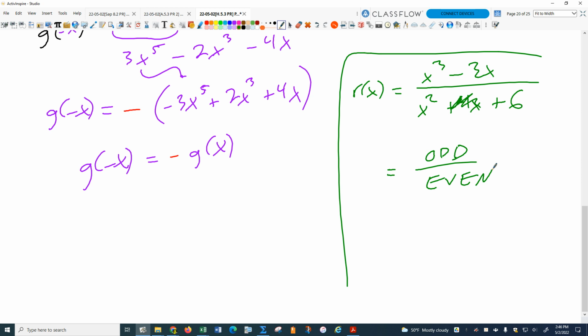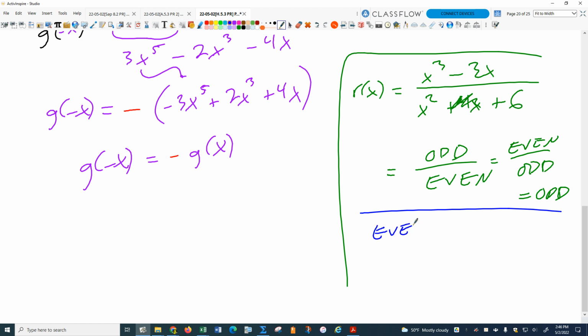So odd divided by even is the same as even divided by odd, and the answer is odd. Okay, what do you think happens if you divide even by even? Even. Okay, what if you divide odd by odd? It's also even, yeah.